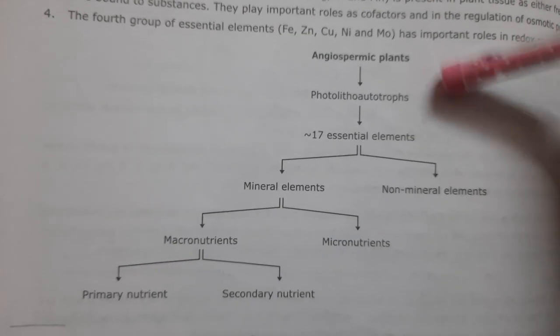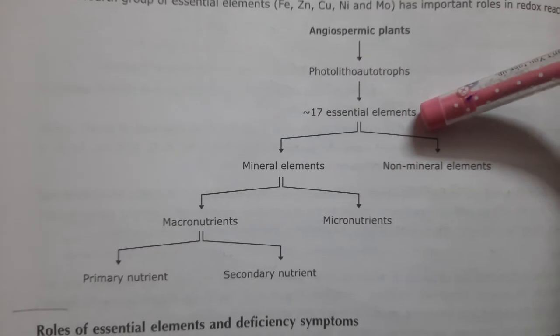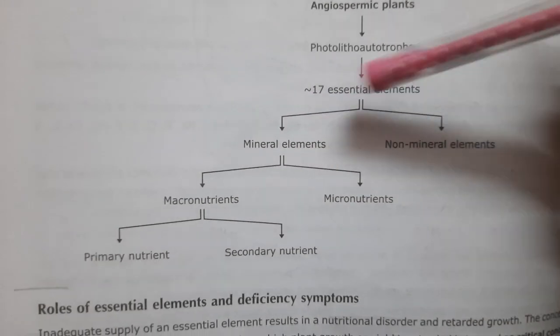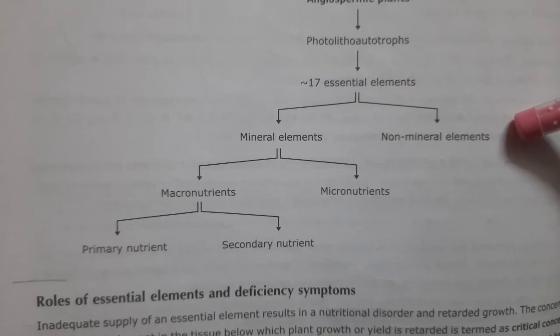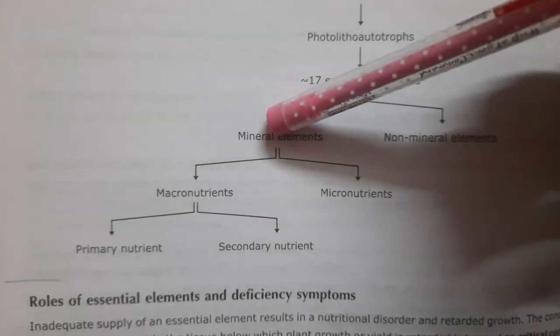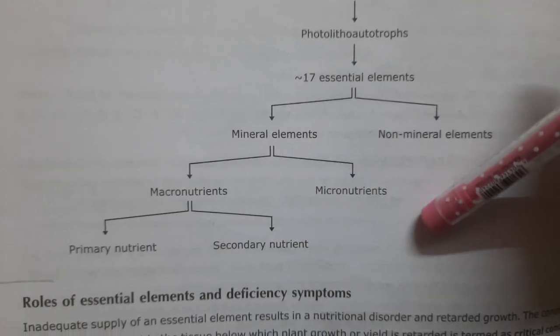Since plants are photolithoautotrophs, there are mainly 17 essential elements. These can be divided into mineral elements and non-mineral elements, which are obtained from the soil and not obtained from the soil, respectively. And the mineral elements can be divided into macronutrients and micronutrients.